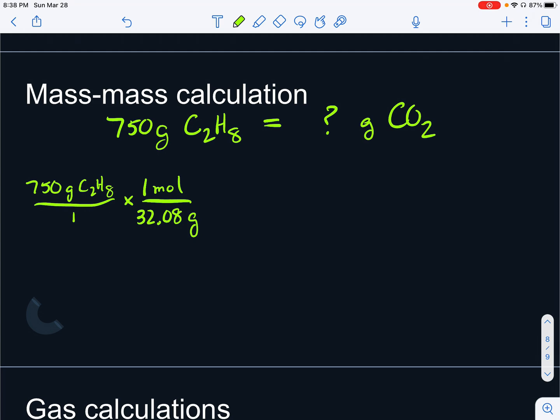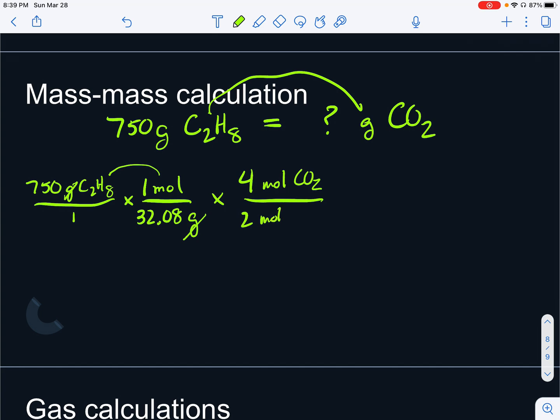Multiply by the molar mass, 1 mole over 32.08 grams, 2 carbons plus 8 hydrogens. And so notice that I put the grams on the bottom because I want grams to cancel out. So now I know how many moles of ethane I have, but I need to jump from moles of ethane to moles of carbon dioxide.